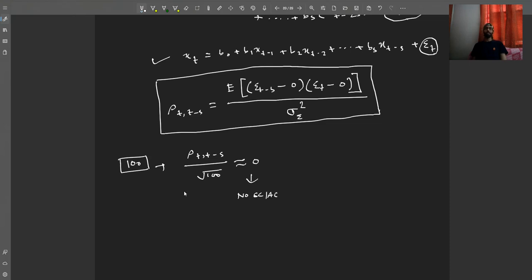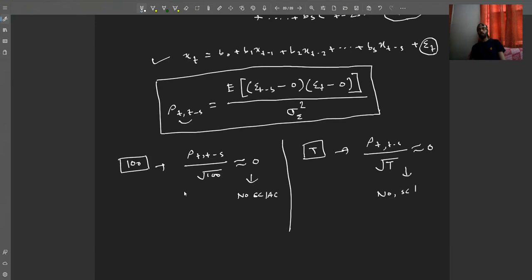So in general terms, if there are capital T time periods, we divide this correlation value rho t minus s by root over of capital T. And if it is more or less equal to 0 or nearby 0, that means there is no serial correlation or autocorrelation at lag of s, at the order of s. So this is the litmus test, friends.